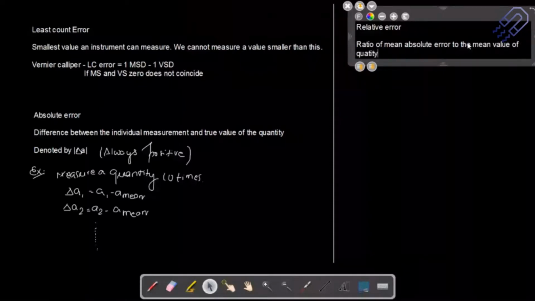I'm just writing it down as quantity because you don't know whether you're measuring a mass or volume or whatever. It depends on what kind of quantity you're measuring.